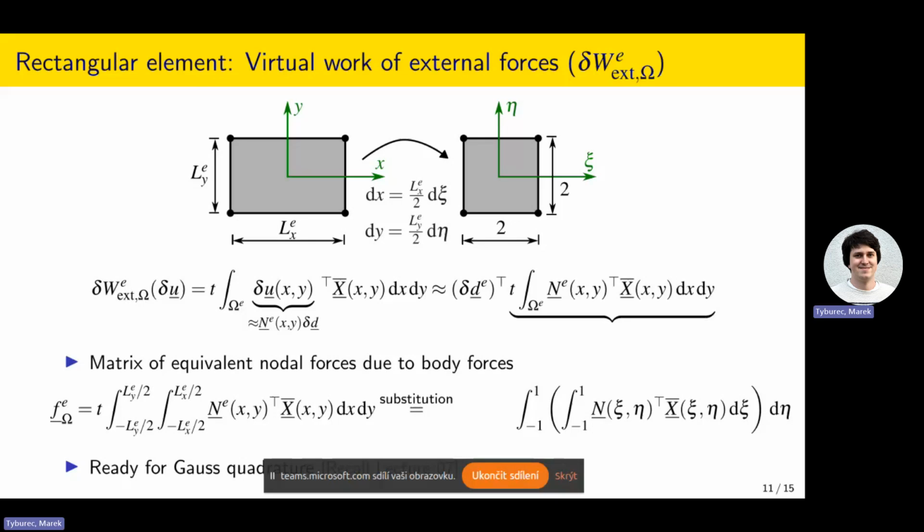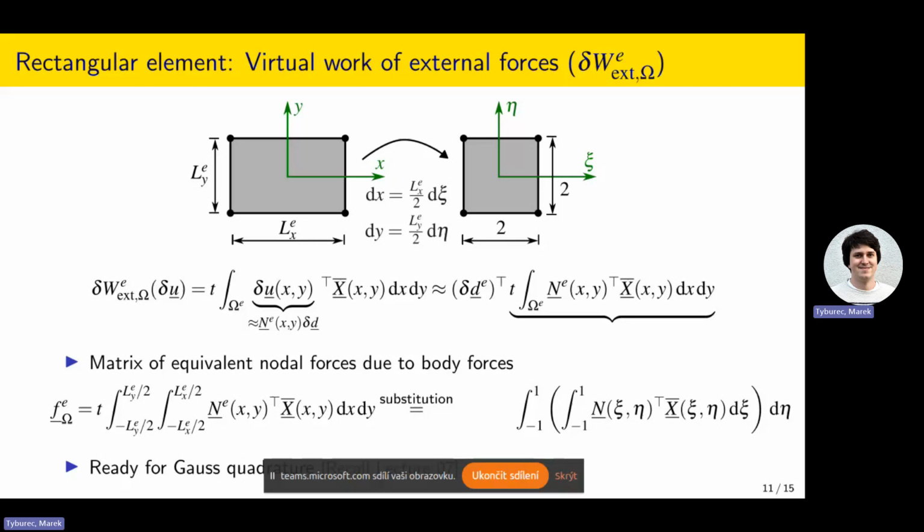So the outer integration is over y, and the inner integration is over x, from minus x over 2 to x over 2. Then we have this expression here, that we already found out, N transpose of x times the body load vector x underline overline, dx dy.